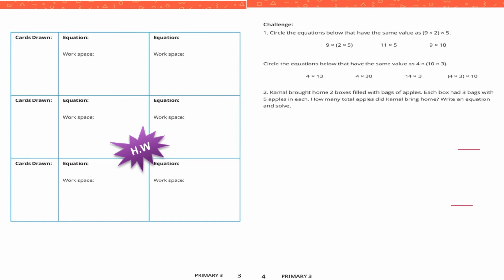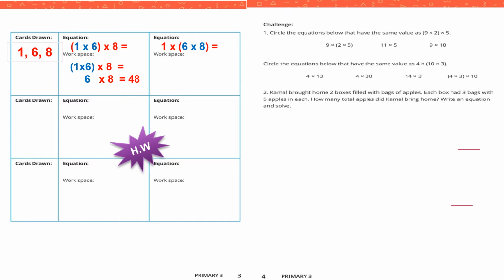Let's continue with the next card. 1, 6, and 8. Let's apply the associative property. 1 times 6 times 8. I will take 1 and 6 between two brackets. The next way, I will take 6 times 8 between two brackets. Okay? 1 times 6 equals 6. 6 times 8, 48.